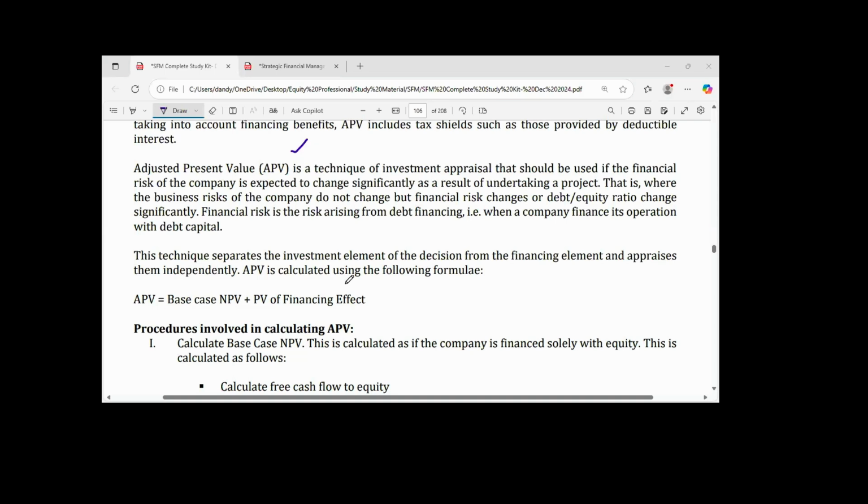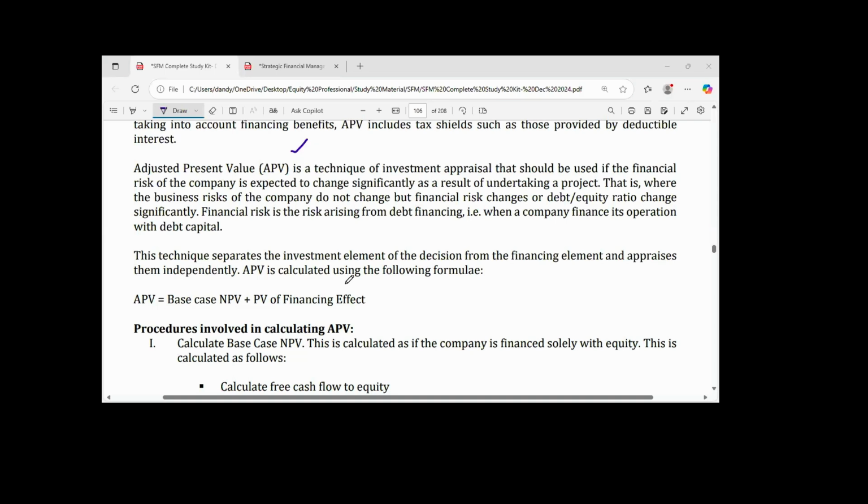Step 2, you calculate present value of financing effects, cash flow. Step 3, you calculate APV. Step 4, you advise on the financial viability of the project or on the acceptability of the project. So those are the 4 procedures that you are going to carry out whenever you want to compute APV.